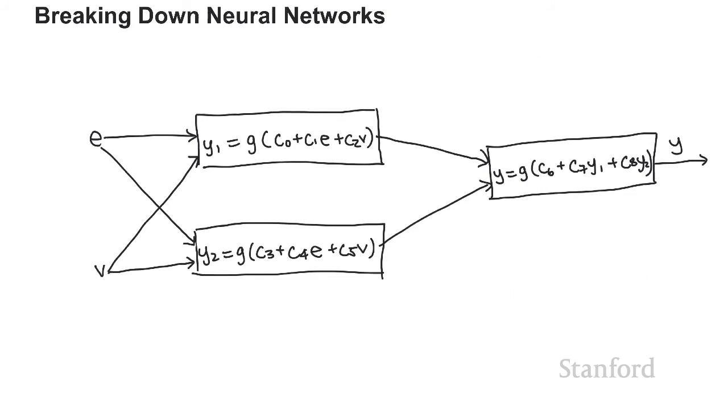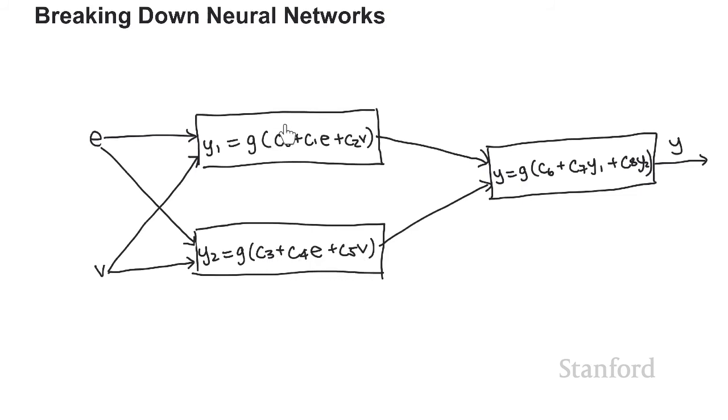In the first layer, each of these neurons have the input E and V, and you can see these over here. And they each have their own logistic function. So here we have the sigmoid function that has C0 plus C1e plus C2v passed into it. And here we have a different logistic function where the sigmoid function has C3 plus C4e plus C5v passed in.